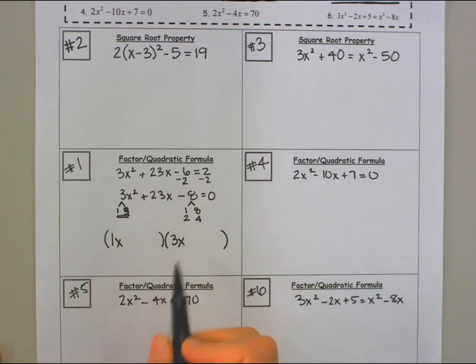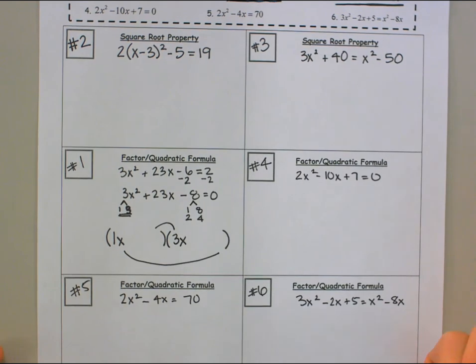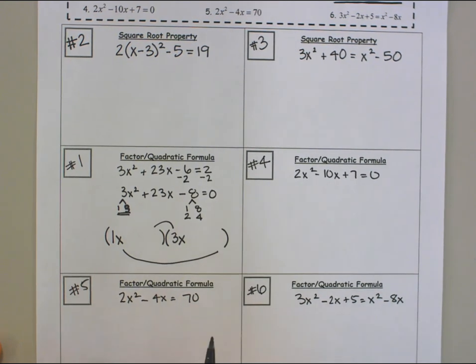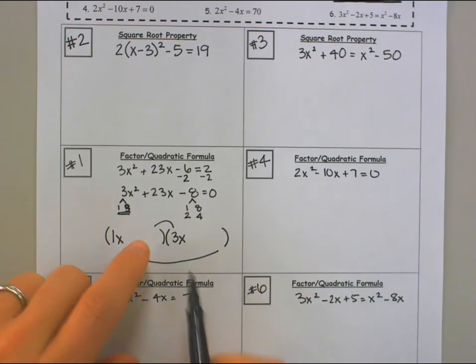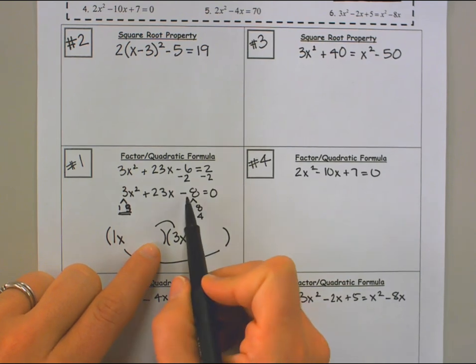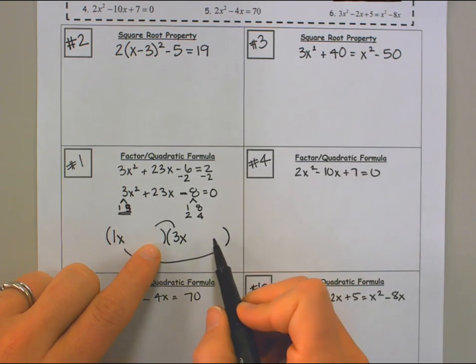So then I need to see if I can come up with terms that give me 23 on the inside? So something times 3 and something times 1 to give me 23. Well, if I put 1 here and 8 here, I know one of them has to be negative because I have a negative last term. So that's going to give me 8 and 3.